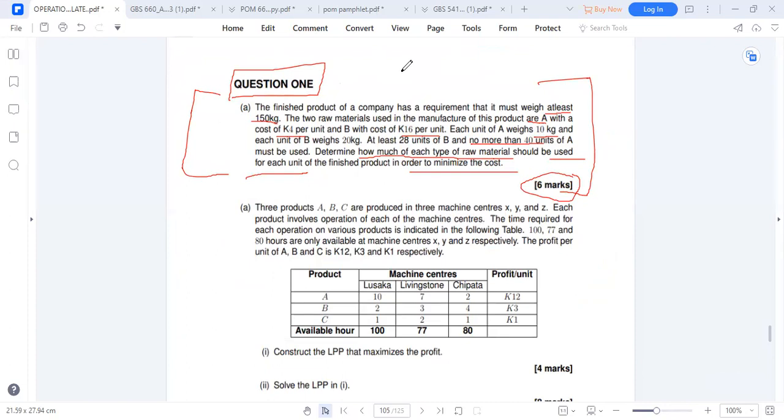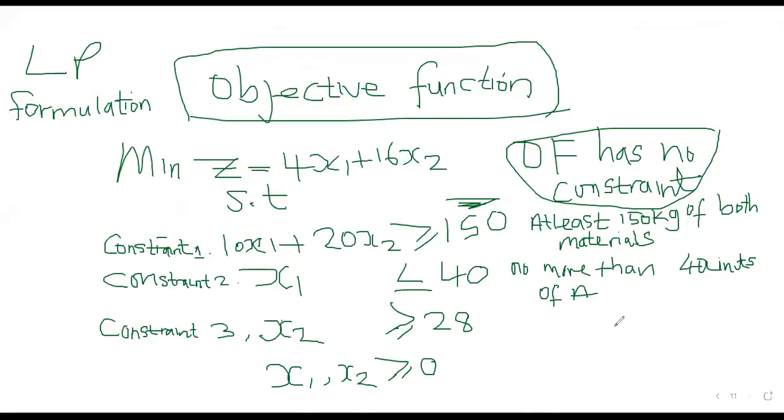So our LP has been sorted out, meaning we now need to get into solving the LP. The reason it says minimize is because it was a cost. ST simply means subject to.